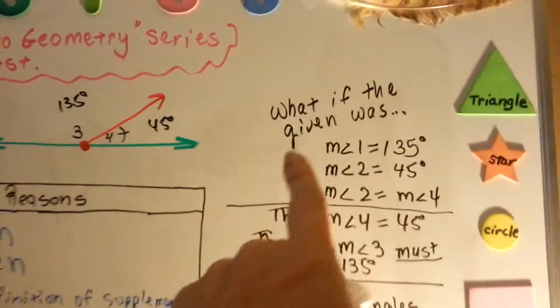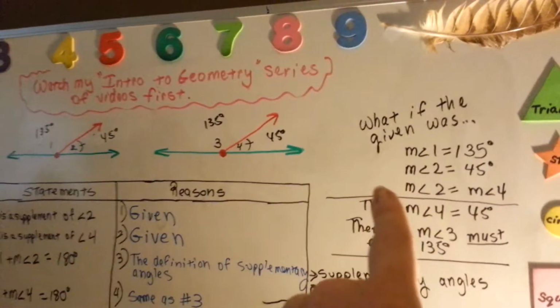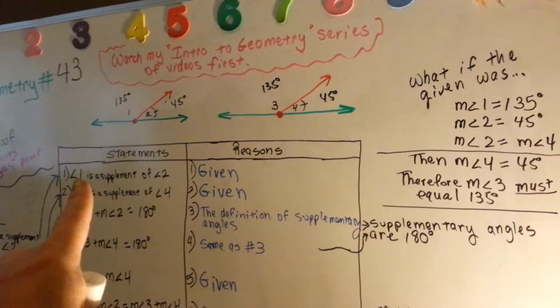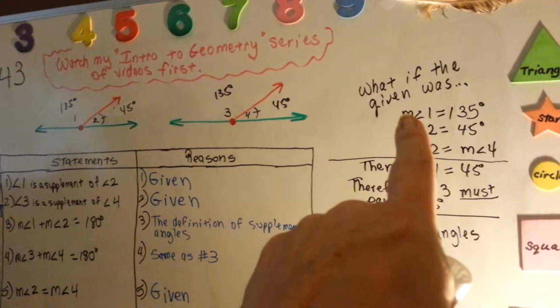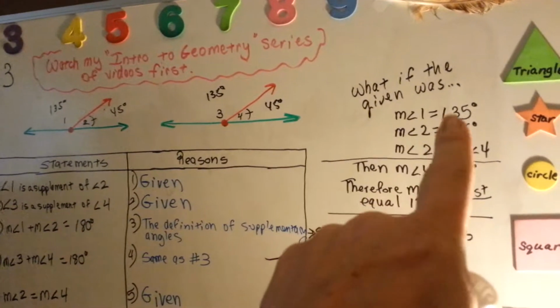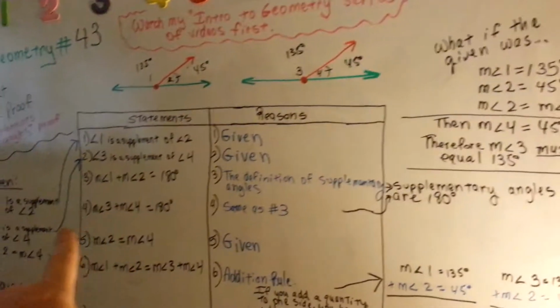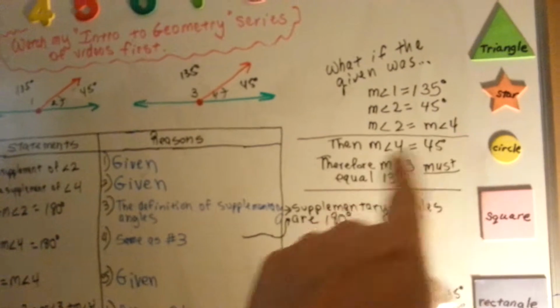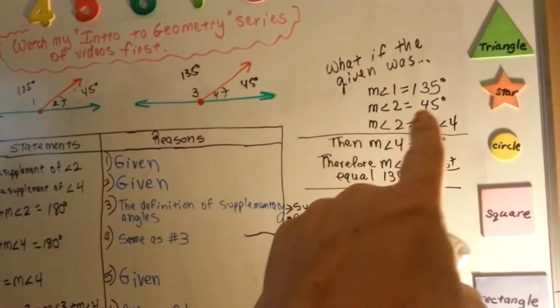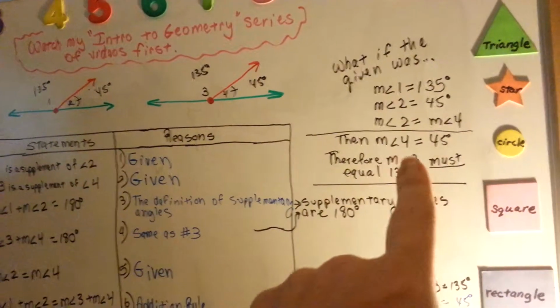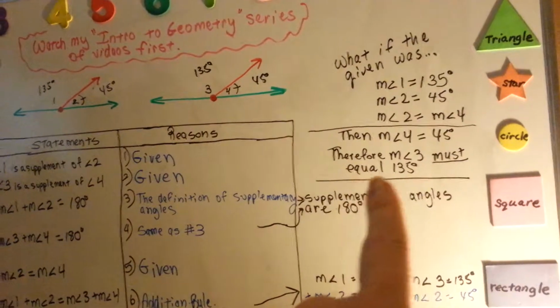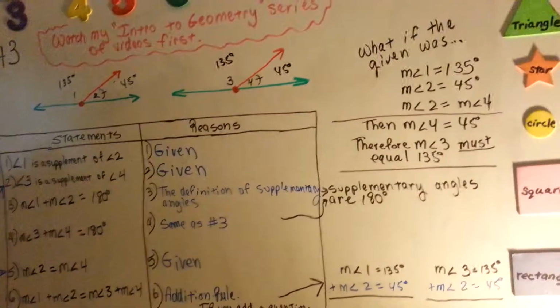Okay, so here. What if the given was, because it says the given is 1 is a supplement of 2, what if the given was also that 1 was 135 and 2 was 45? And it's given that 2 and 4 are equal. Well, then 4 would have to be 45 because it's equal to 2, see? And if it is, therefore, 3 must be equal to 135.